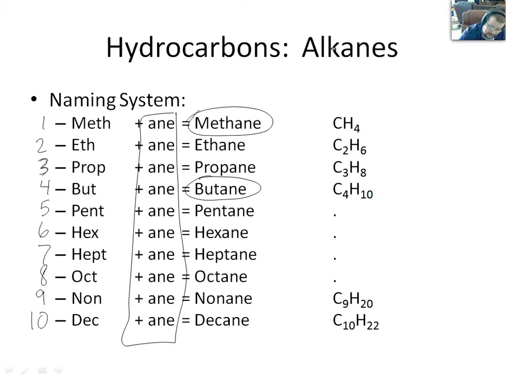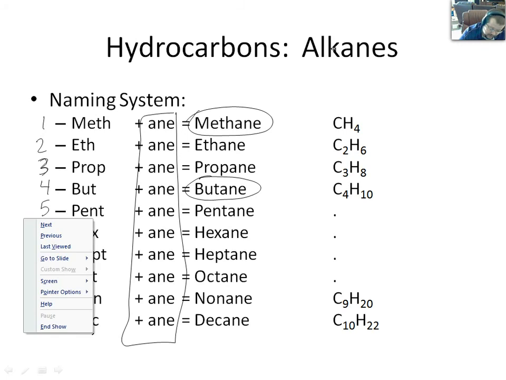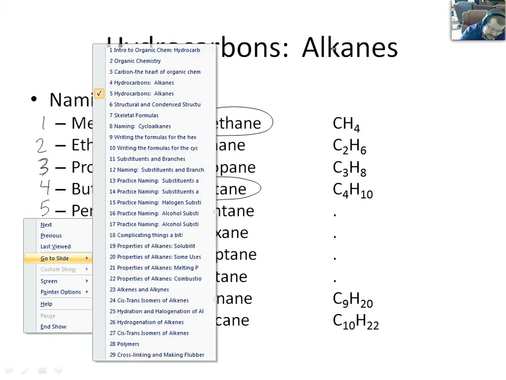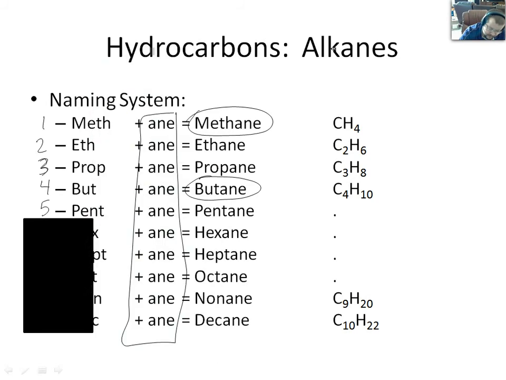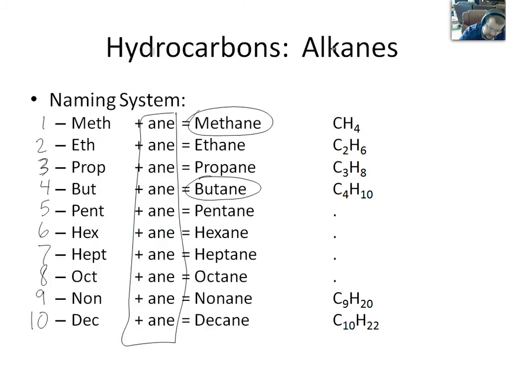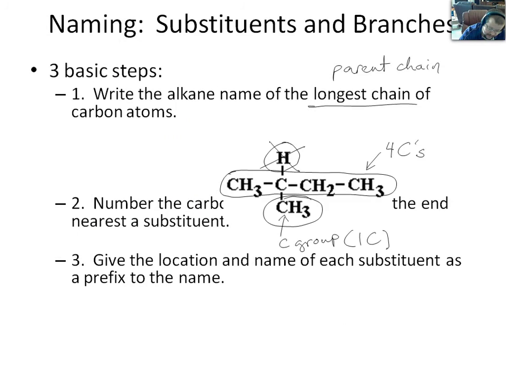So we've got meth for 1 and but for 4. Let's head back to where we were. Alright, so the name of the parent chain, because it's 4 carbons long, is going to be butane.